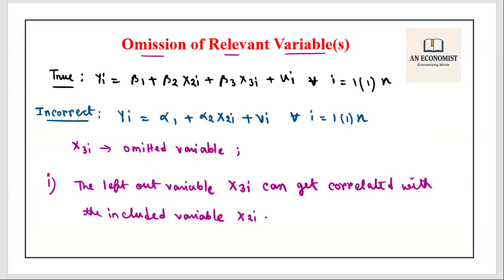Which basically means r23, the correlation between x2 and x3, can become non-zero. And if this becomes non-zero, it indicates that there could be the presence of multicollinearity in your model.